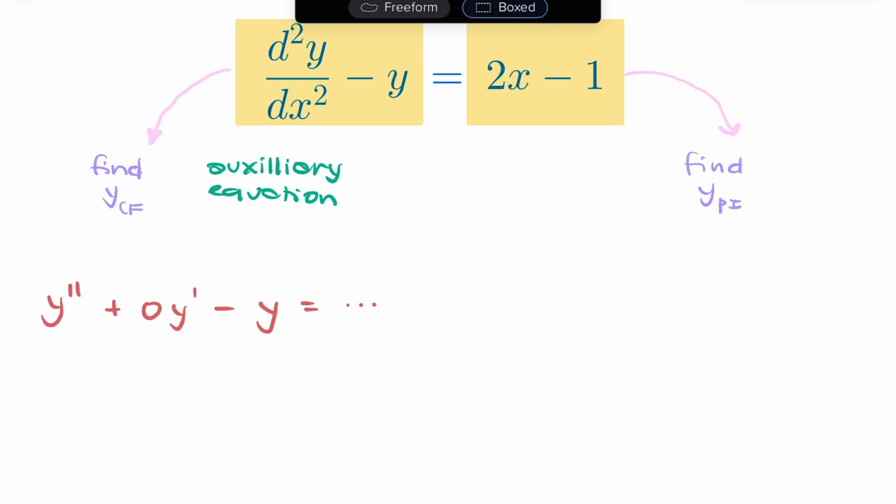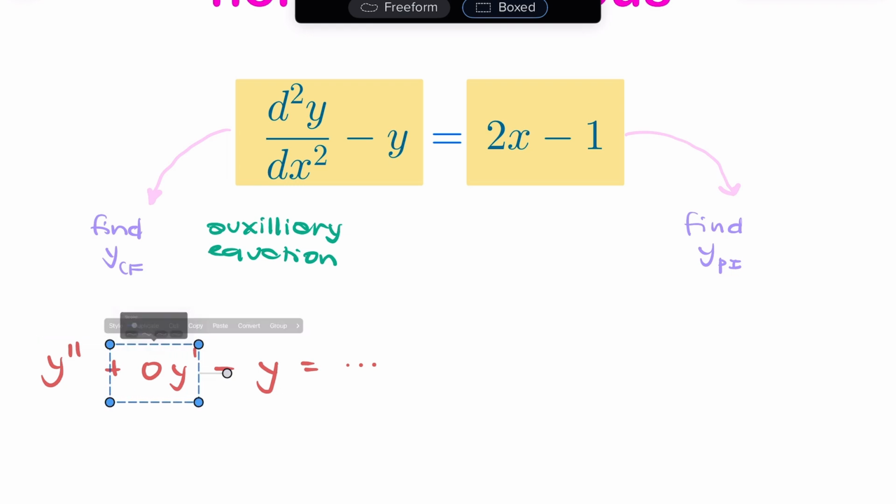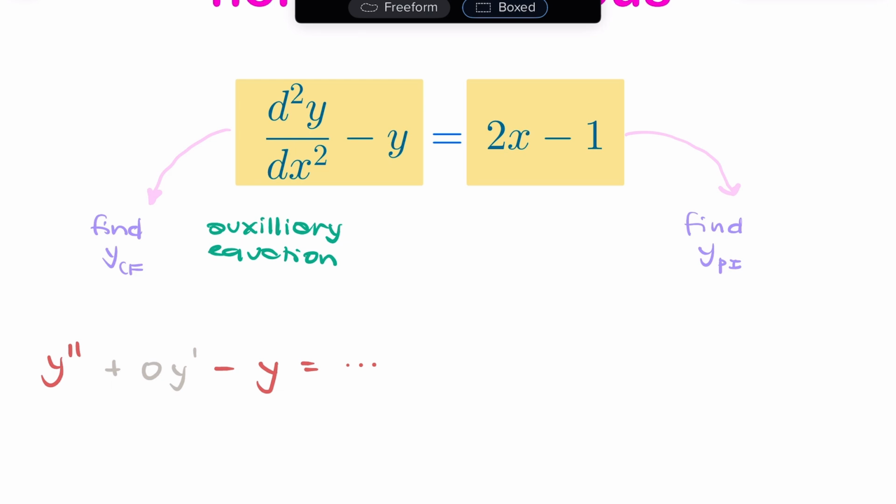Okay, so all I've done is I've written that as y double prime, and I've written that as it is, and I've inserted this just to show that there is a coefficient of 0 multiplied by my first derivative.